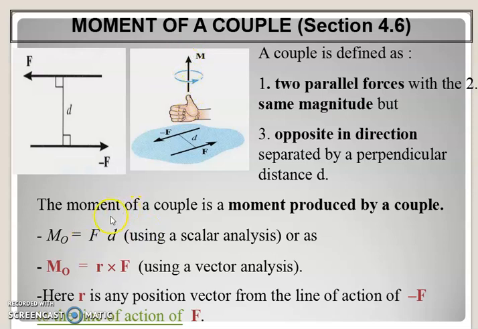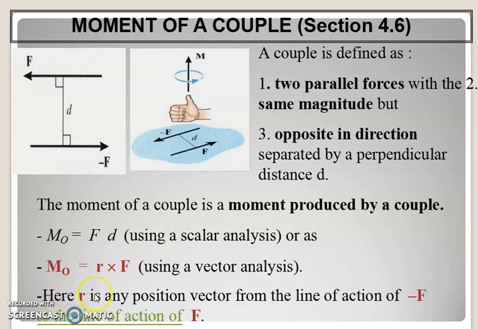So to find the moment, there are two methods. If you are using the scalar analysis, simply M0 is equal to F, the force, multiplied by the distance d. Okay, d is also the line of action or position vector. And if you are using the vector analysis, the moment you can find using the cross product between r and force F. So r is a position vector.